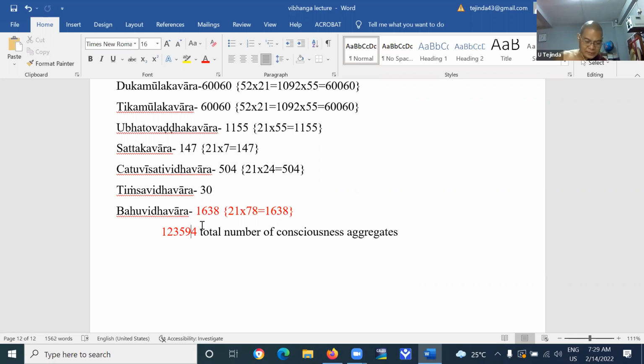But he made the translation the same as the Pali here. For Cakkhusamphassapaccaya Viññāṇakkhandha, we said Cakkhuviññāṇa, Sotaviññāṇa, Ghānaviññāṇa; he mentioned the same thing. But the number is not the same.